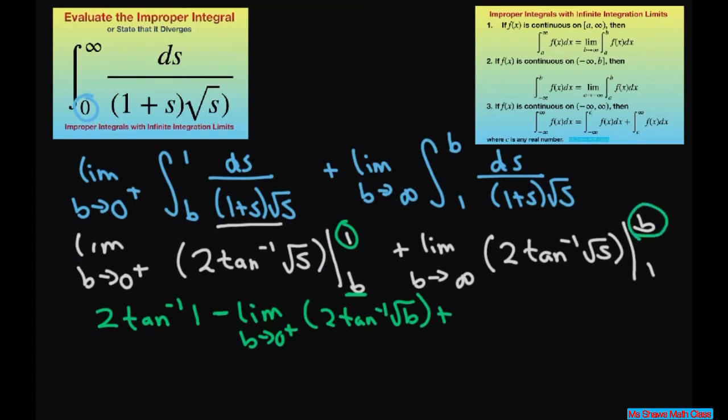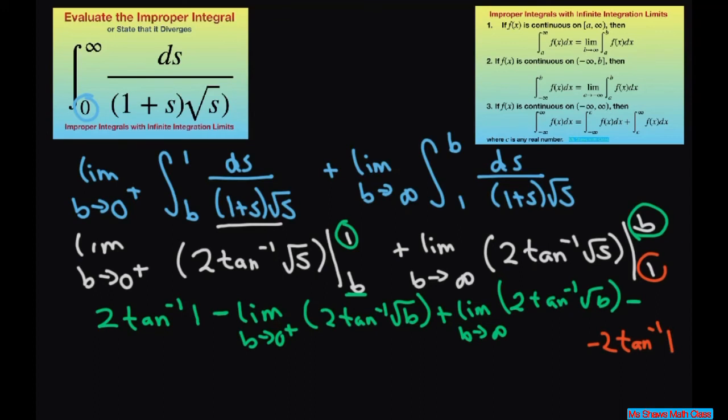Substitute in the b, we're going to have to write the limit again. The limit as b approaches infinity, and this is going to equal 2 inverse tan of square root of b, and then we have minus 2 tan inverse of 1.